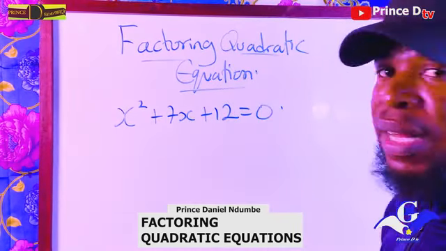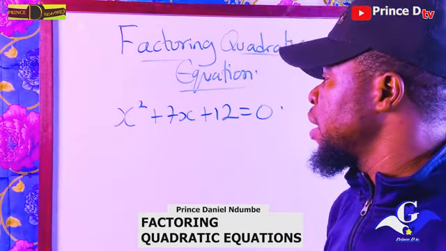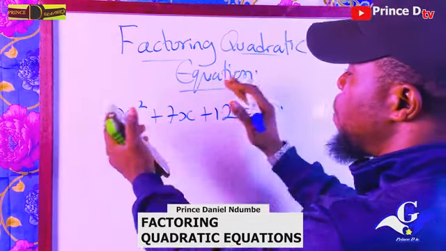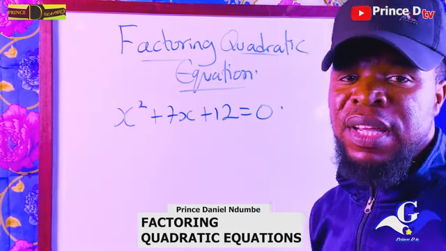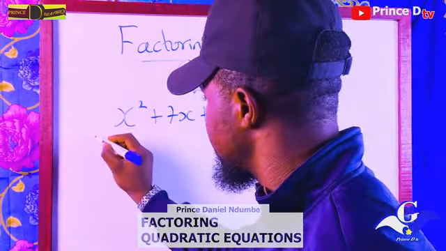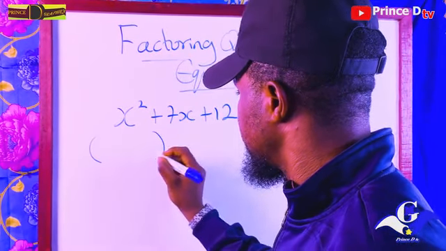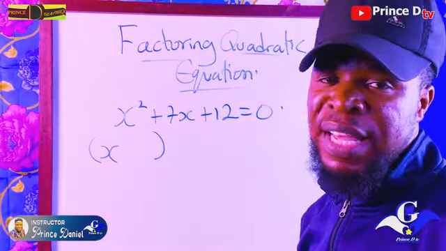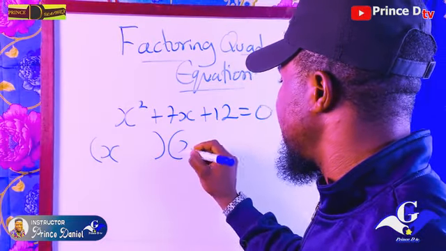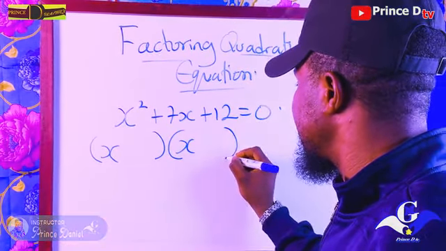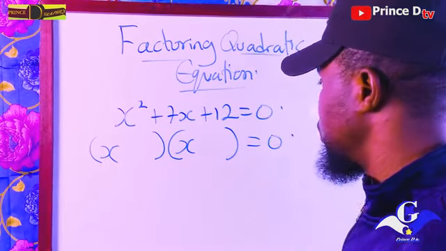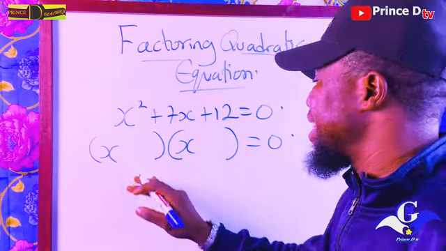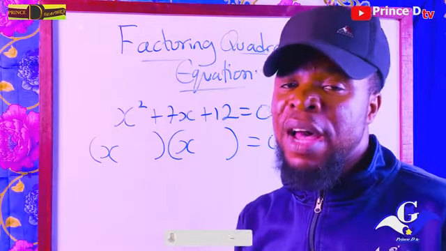Good. This is a good example. Now, how can we factor this quadratic equation? It means we have to express this quadratic equation in the form of two binomials. So either x plus or minus a number times x plus or minus a certain number equals 0. So whatever we have here, we express it and equate it to 0, so we'll be able to have roots.